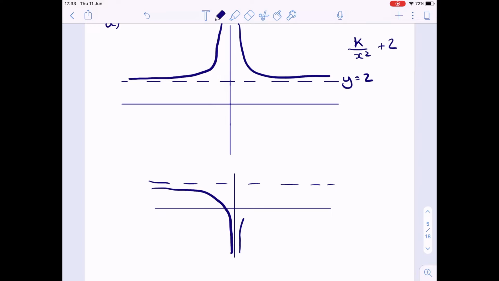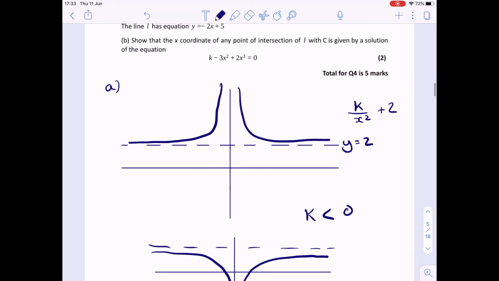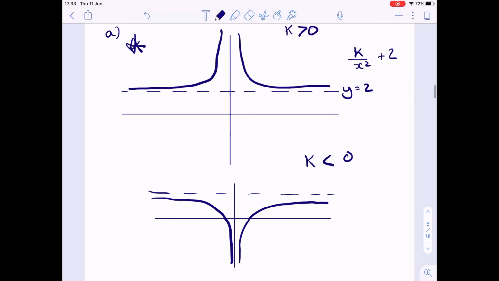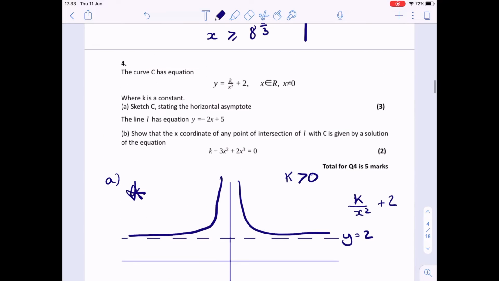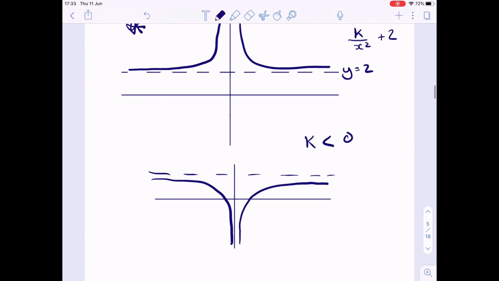And this is true. Okay, so that's if k is less than 0, whereas this is the graph of when k is greater than 0. This is actually what we were looking for, but if you wrote something like this, as the question doesn't state that k has to be positive, it just says that k is a constant, I think this is just as valid an answer.